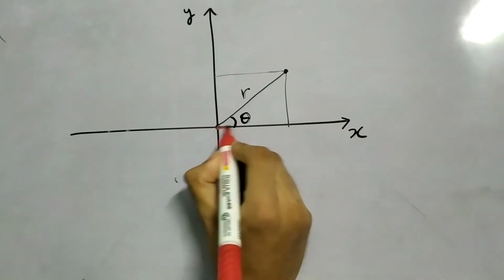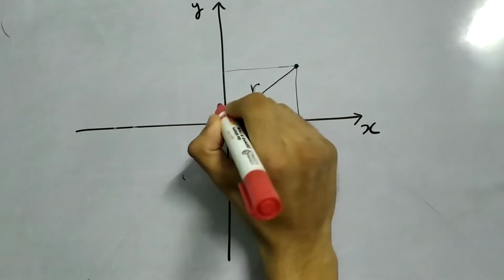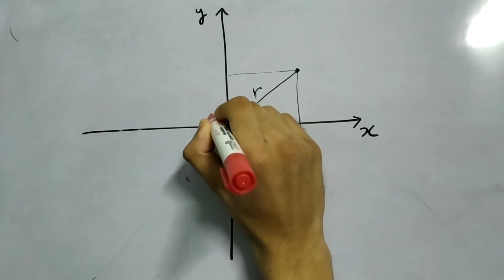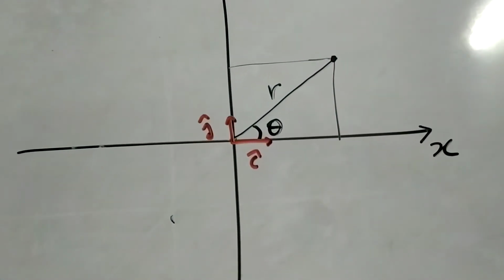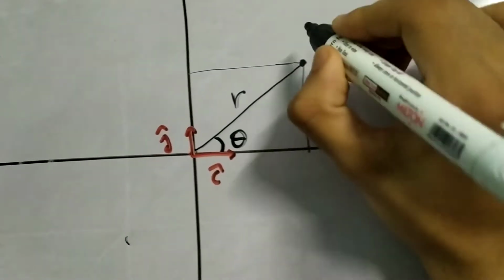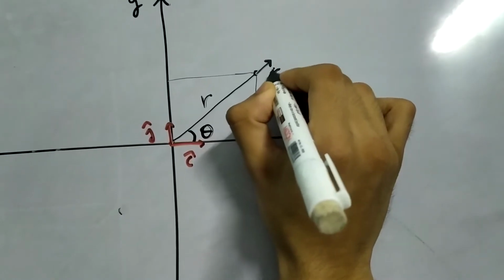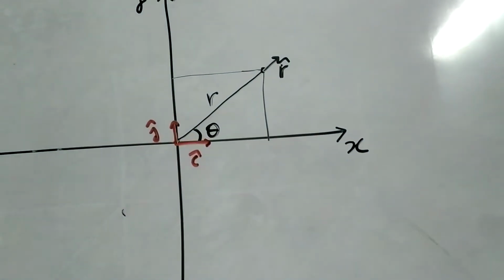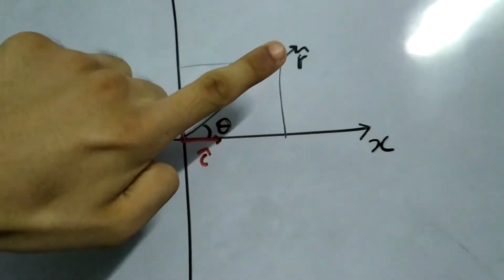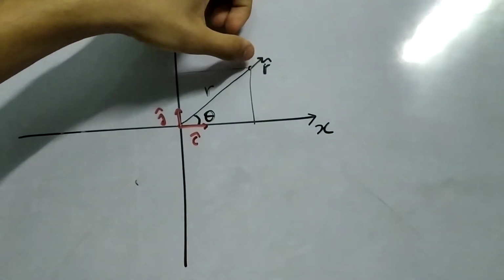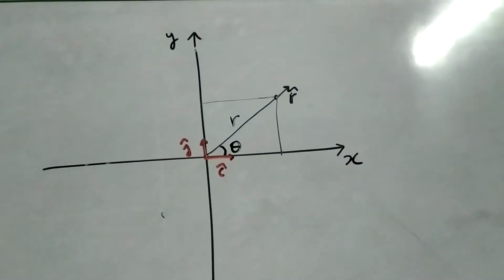Well, we define i cap as a unit vector in the increasing x direction, j cap as the unit vector in the increasing y direction. Similarly, we define r cap as the unit vector in the increasing r direction. This is the direction in which r will increase, so this is a unit vector in the r direction called r cap.